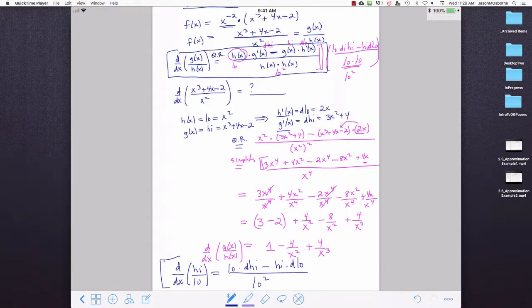This formula works. I haven't proven it like I did with the product rule, but it works because it gives the same answer as the 2 other methods. So we know that this formula is what it needs to be. And that's the end of this video.